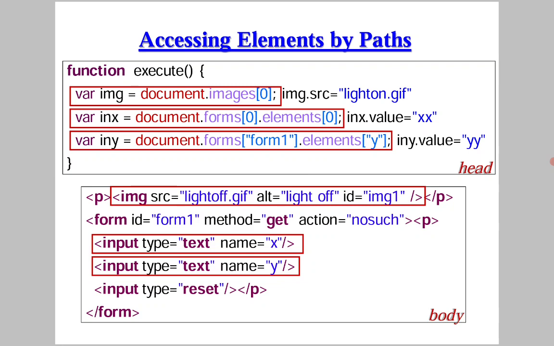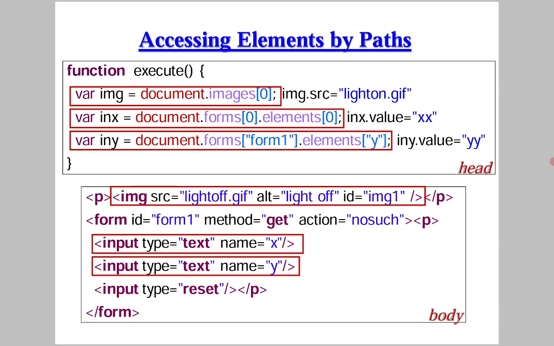So how to access elements by paths? For example, an image. If you take an HTML page that contains some image, how do you access that image? By using the document object. Here is an example: a function called execute. This is a JavaScript program, and JavaScript we will explain in the third unit.